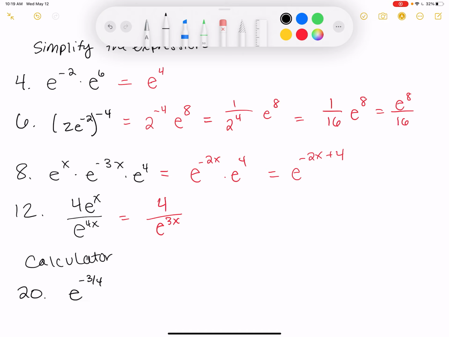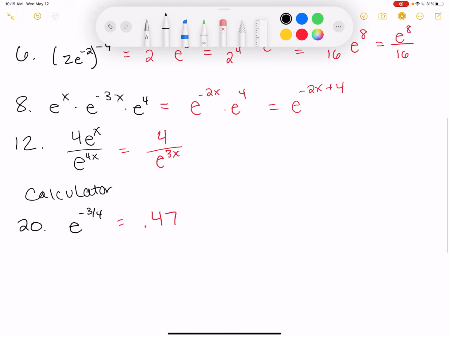You're going to do second and hit the e, and it'll automatically throw the little exponent box up top. Make sure you use the negative sign at the bottom of your calculator, not the minus sign. Negative 3 divided by 4 in the exponent. Hit enter. 0.47. Always 2 decimal places.